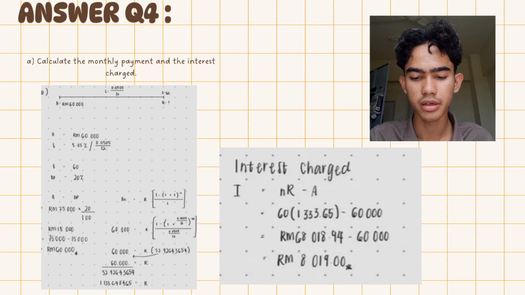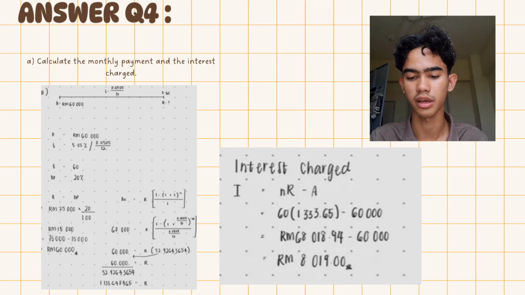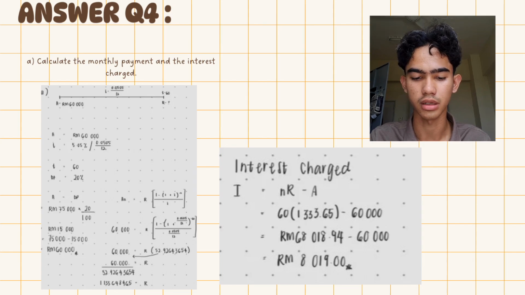From the question, we got that I is 0.0505 per 12, N is 60 months, and A is equivalent to 75,000 multiplied by 20% down payment, and we will get 15,000. And then 75,000 minus 15,000, and for A we would get 60,000.